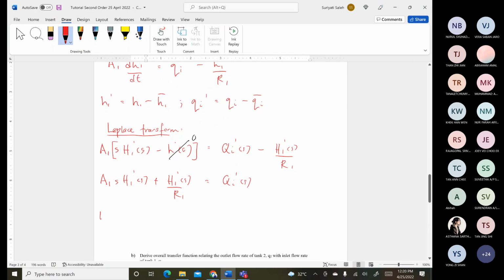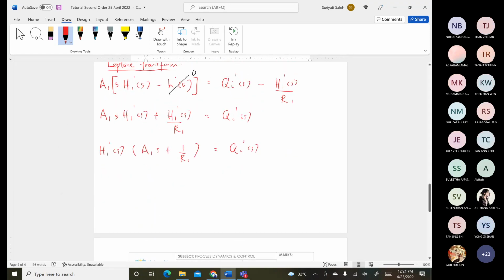Then in the end, we further factorize the equation, and we can get the Qi prime(s).